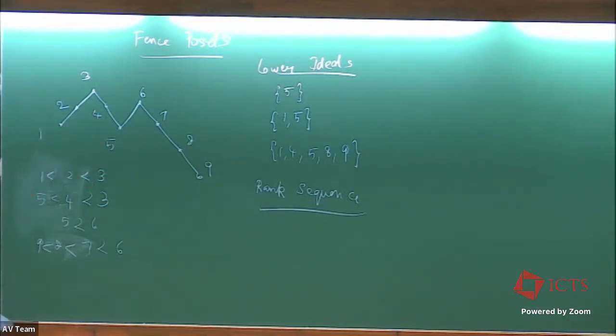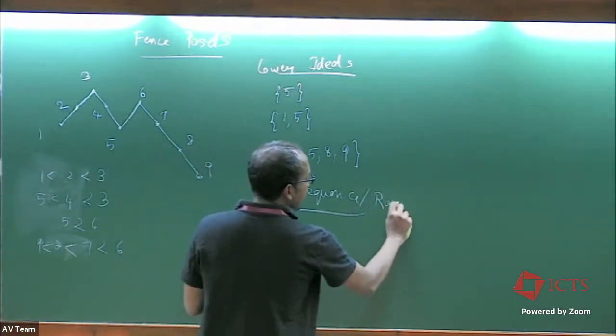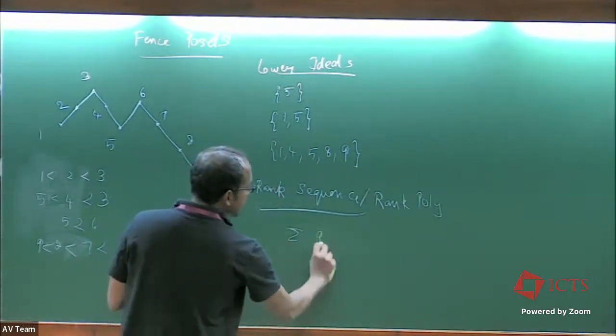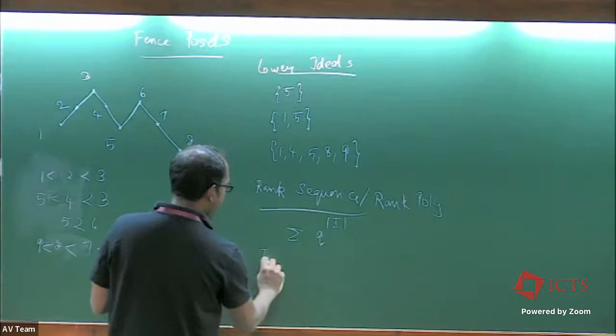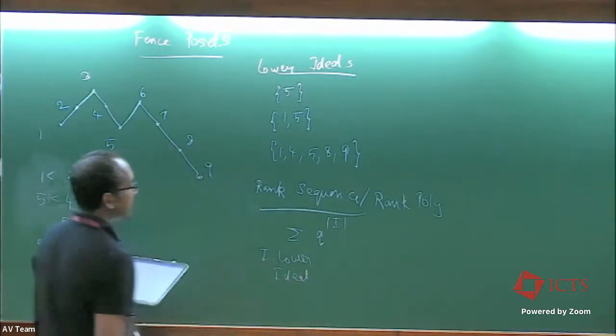So the rank sequence, or by abuse of notation the rank polynomial, is just a summation with a formal parameter q, over I a lower ideal.